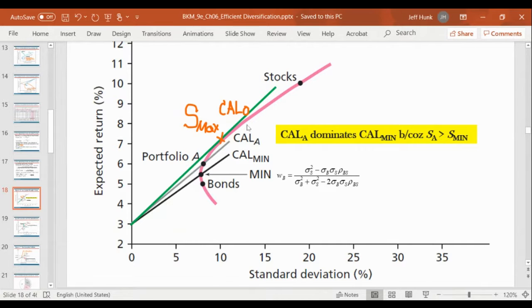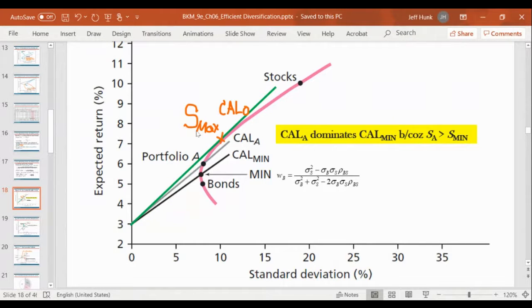That's the reason why we don't pick this minimum variance point. The best thing is the slope of this green straight line, the slope of this investment opportunity frontier, which is a straight line that is tangent to the curve.